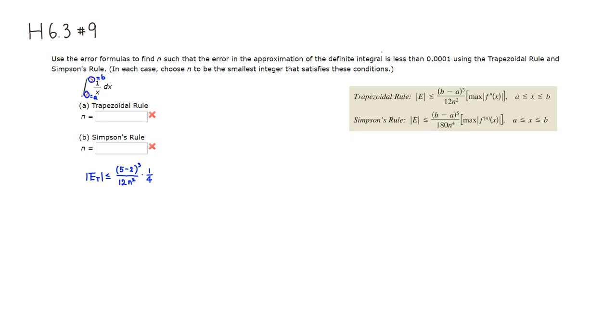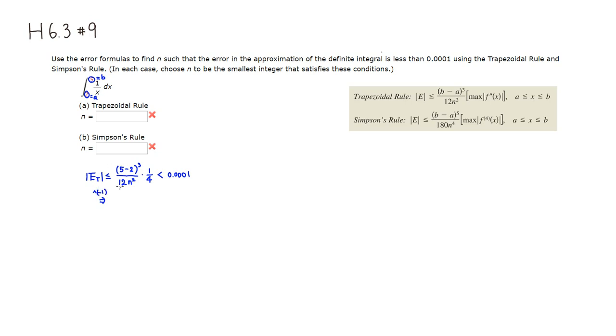Then we want to make sure that this is less than 0.0001. So let's solve for n here. First thing I would do is take the reciprocal of both sides.